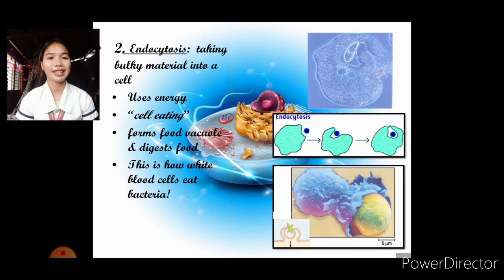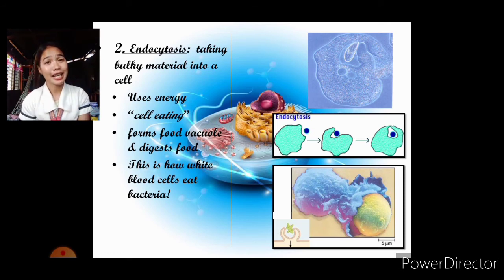Endocytosis is the taking of bulky material into a cell. Taking in means getting inside. Here, it uses energy. It is called cell eating. It forms a food vacuole and digests food. Why does it form food vacuoles?